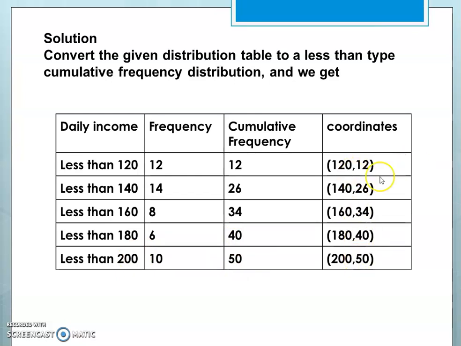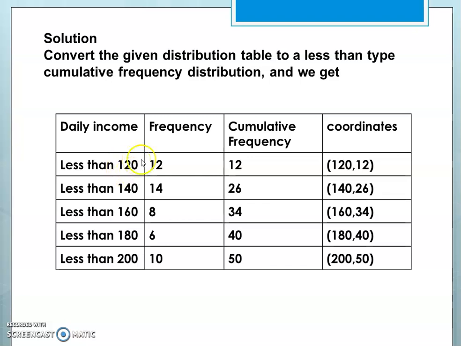Now write down the coordinates which you need to plot on the graph. These are the coordinates which I will be plotting. Connecting these points, I will get the cumulative frequency curve or less than type ogive. Here the x coordinate will be the daily income, that is the upper limit of all class intervals.